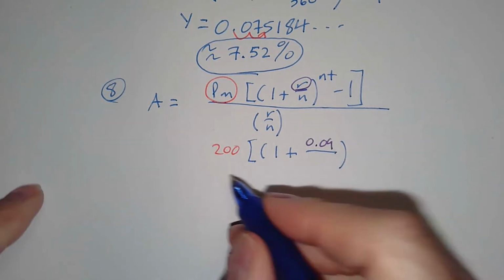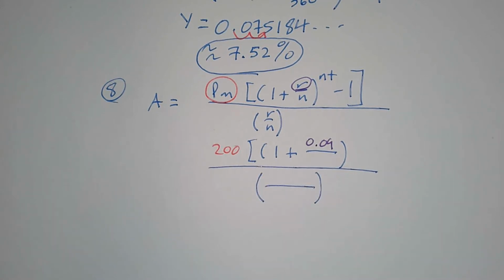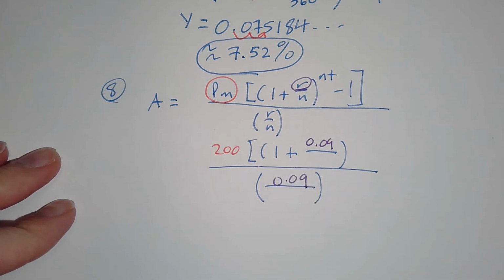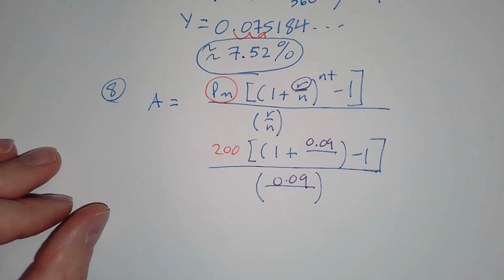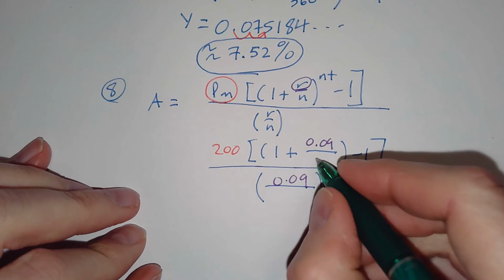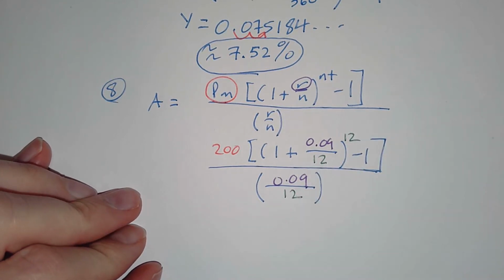And then it's compounded monthly. So that's going to tell us that n is 12. And then we're doing this for 30 years.